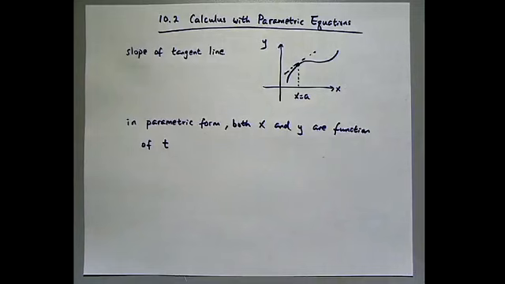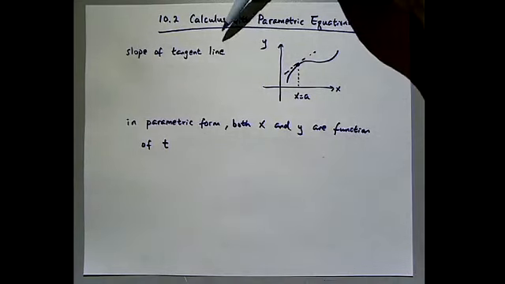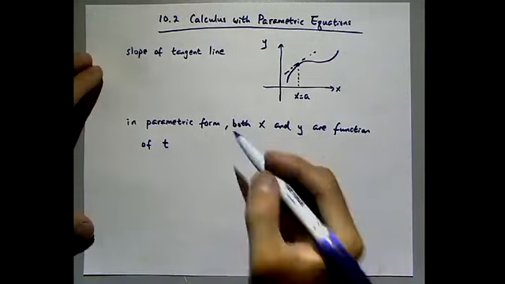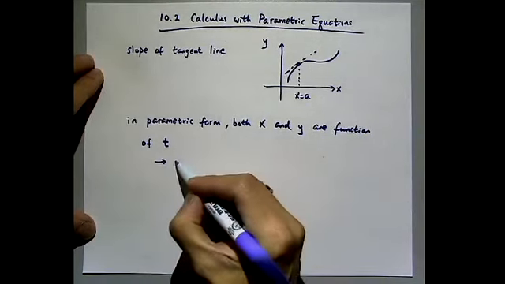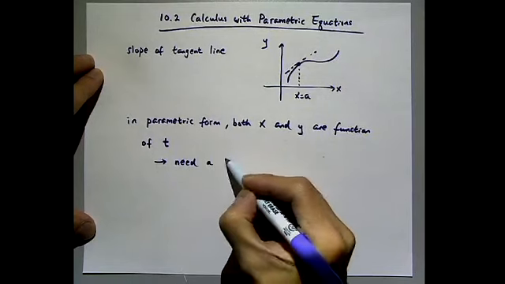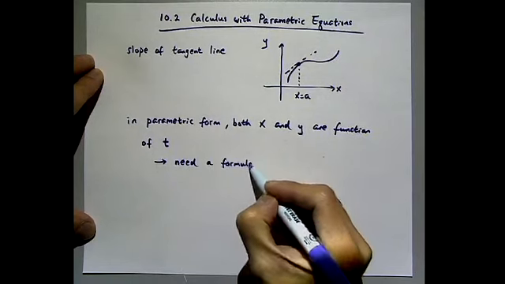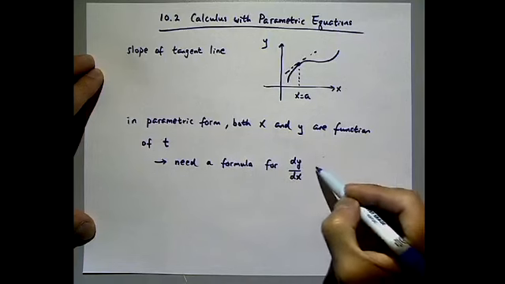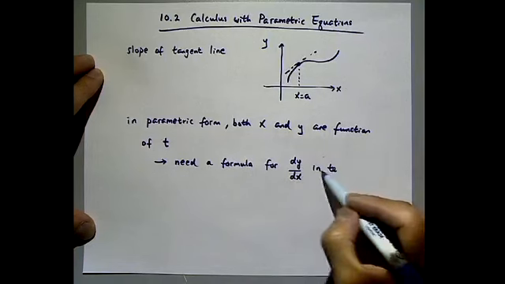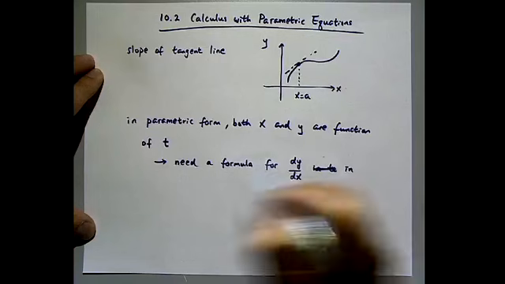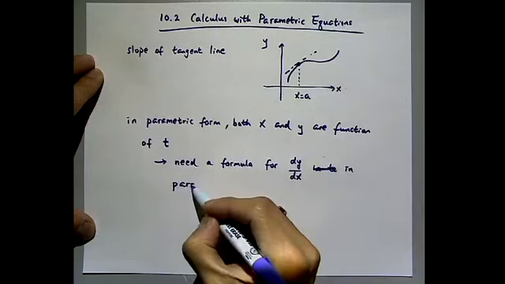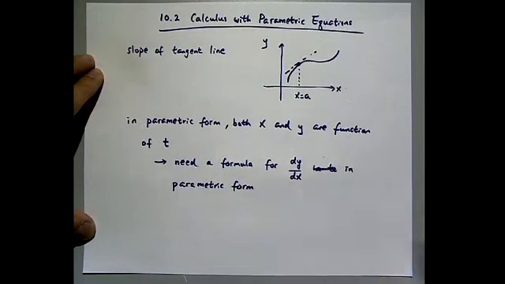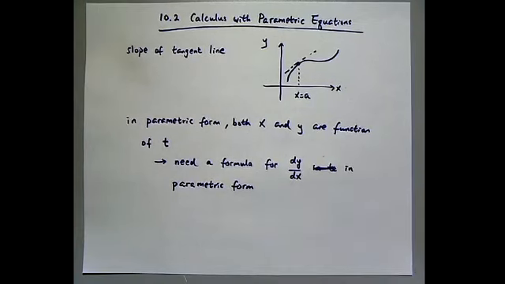So we need to first find a way to calculate a tangent line slope with t as the variable. So we need that formula.